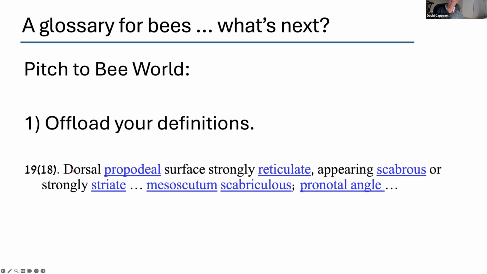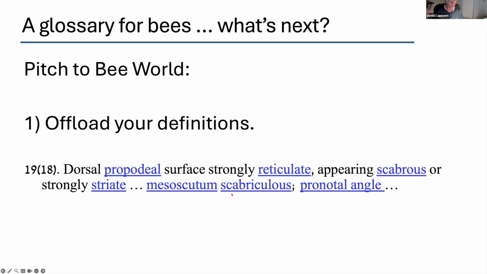If McGinley had had access to the internet at the time he wrote his key, he could easily have put hyperlinks into his text, so that anybody reading through this sentence who is going to choke on propodeal, reticulate, scabrous, striate, scabriculus, pronodal angle, what the hell is that, could just click and go and find out, or ignore it if they already know what those terms mean.